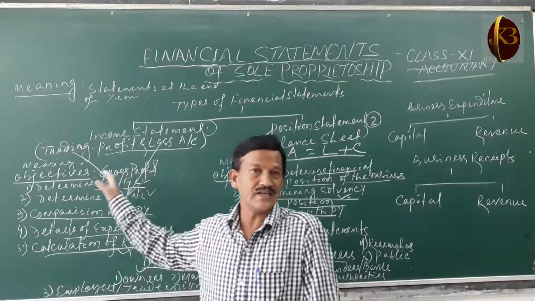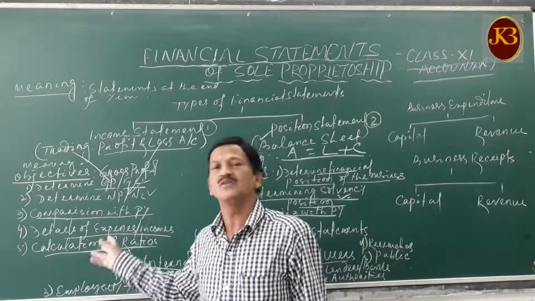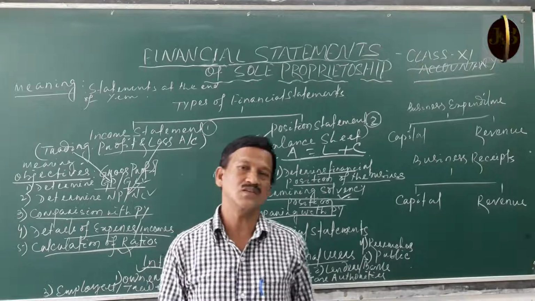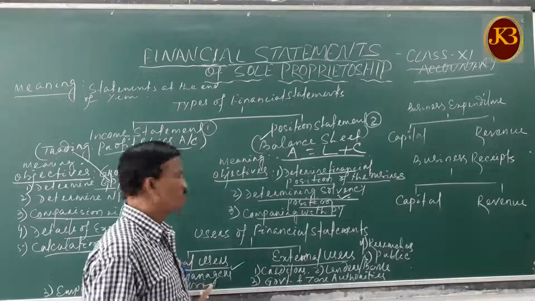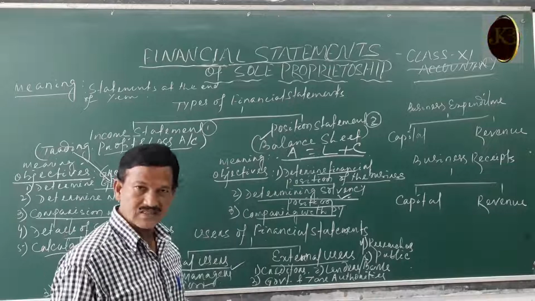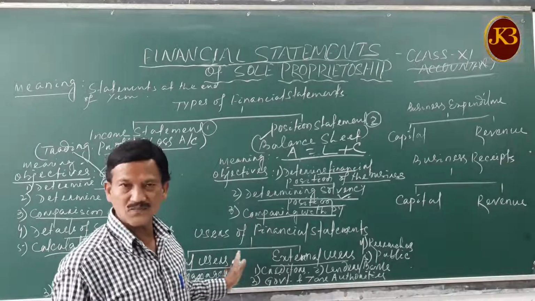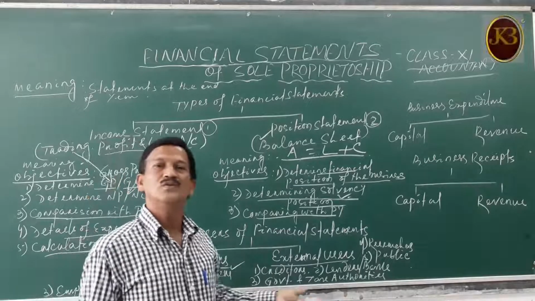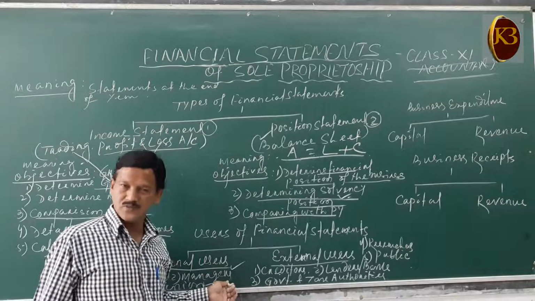If profit is there, then certainly they will demand higher wages, incentives, bonus and other benefits. The trade union also demands all those things if the business earns profits. So the financial statement helps the employees to know this. These are the internal users.